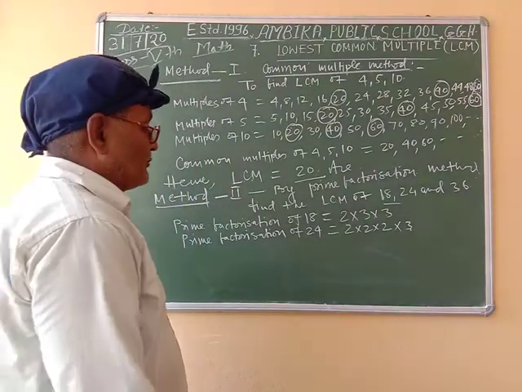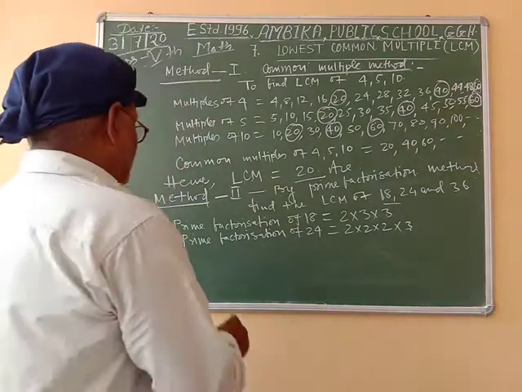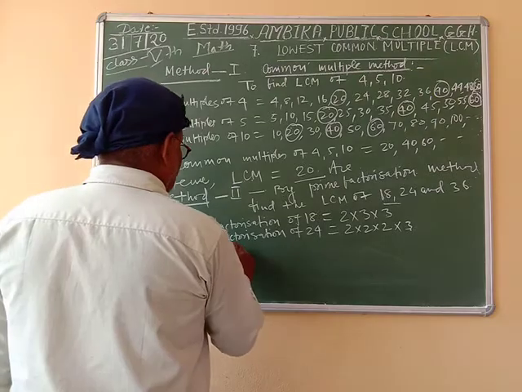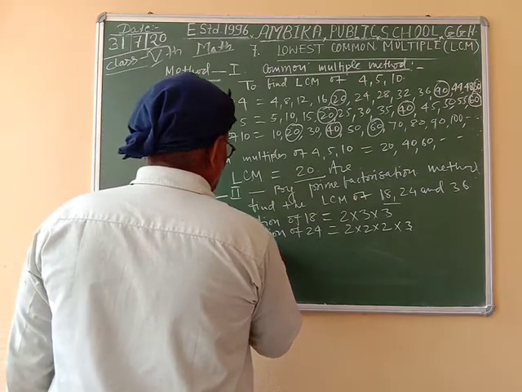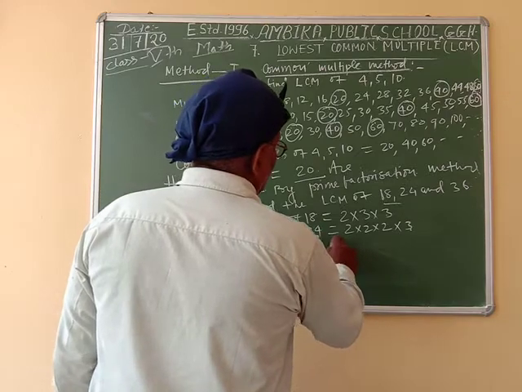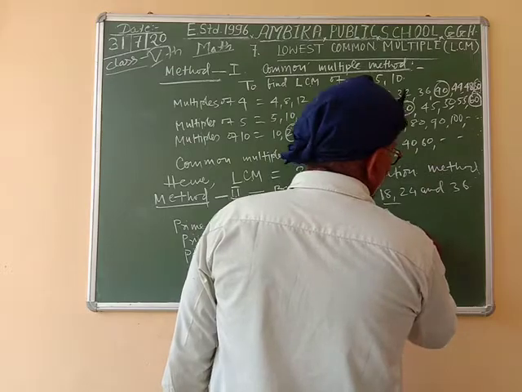We write it as a product of prime factors. And prime factorization of 36 is equal to 2 into 2 into 3 into 3.